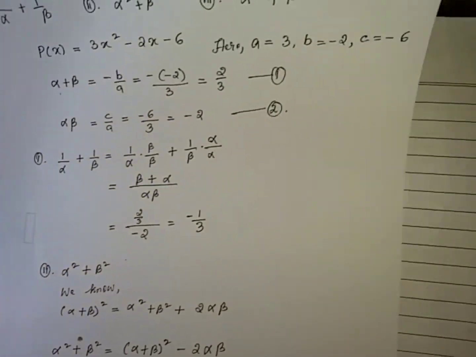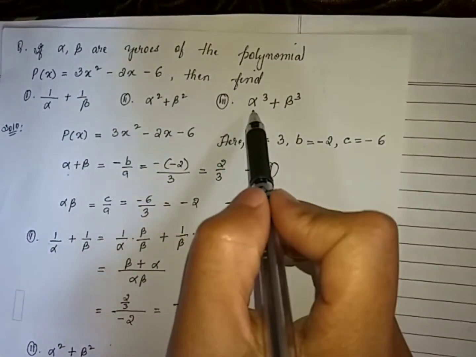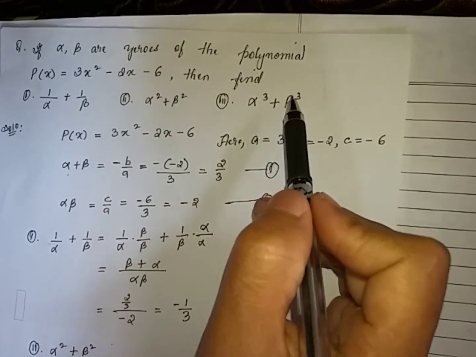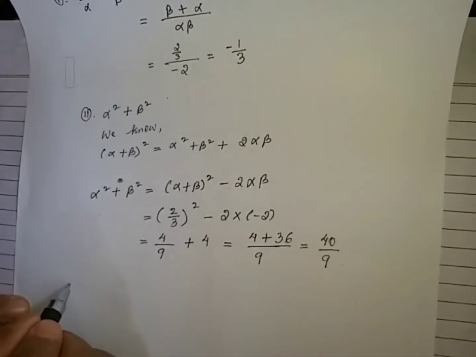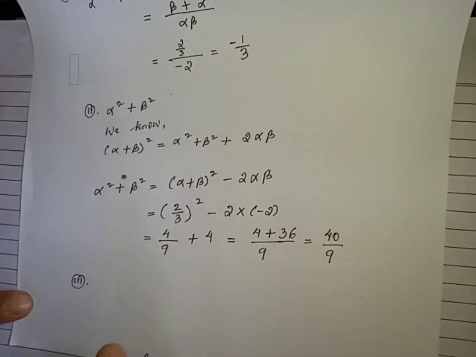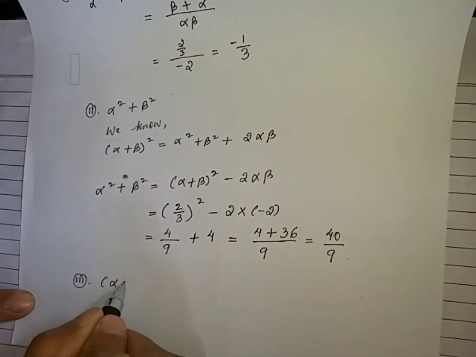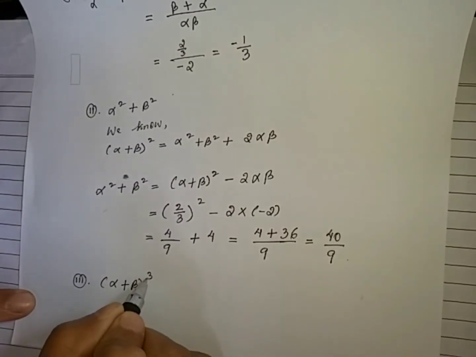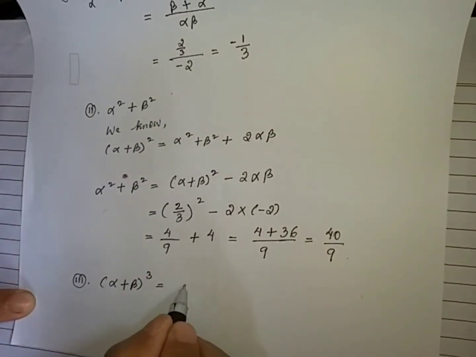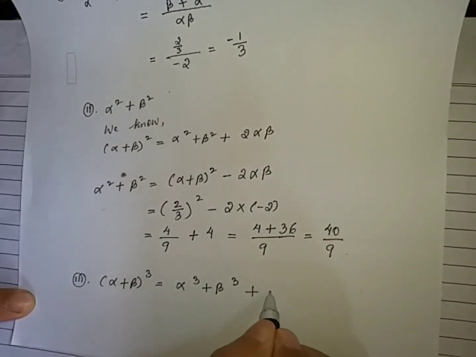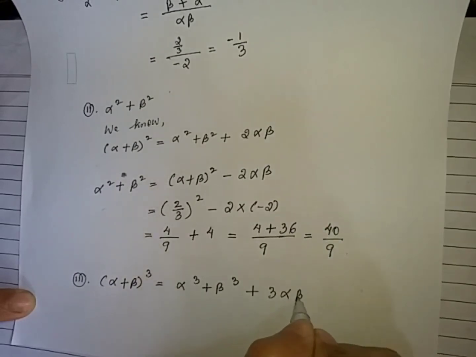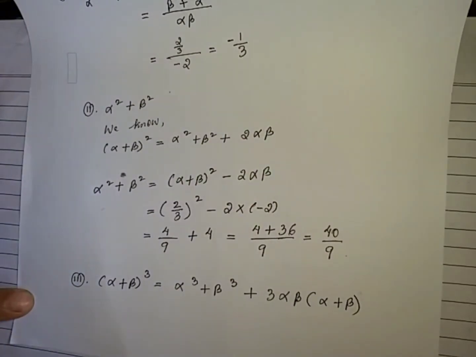Now let us solve the third one, which is alpha cube plus beta cube. What we know is alpha plus beta whole thing cube is equal to alpha cube plus beta cube plus 3 alpha into beta into alpha plus beta.